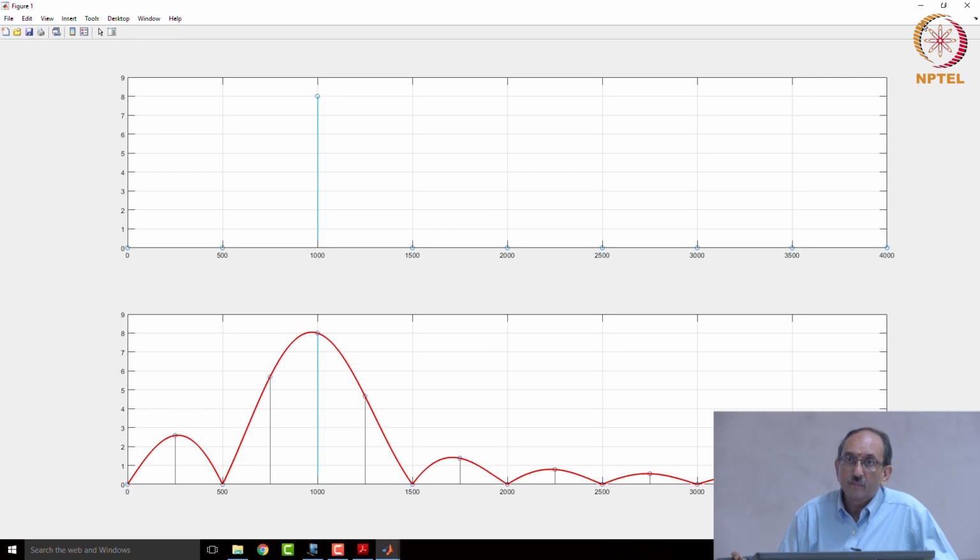Say that again. At every 500 points, it's at the top. Okay. Remember, what is the frequency of the underlying sequence? It is 1 kilohertz.